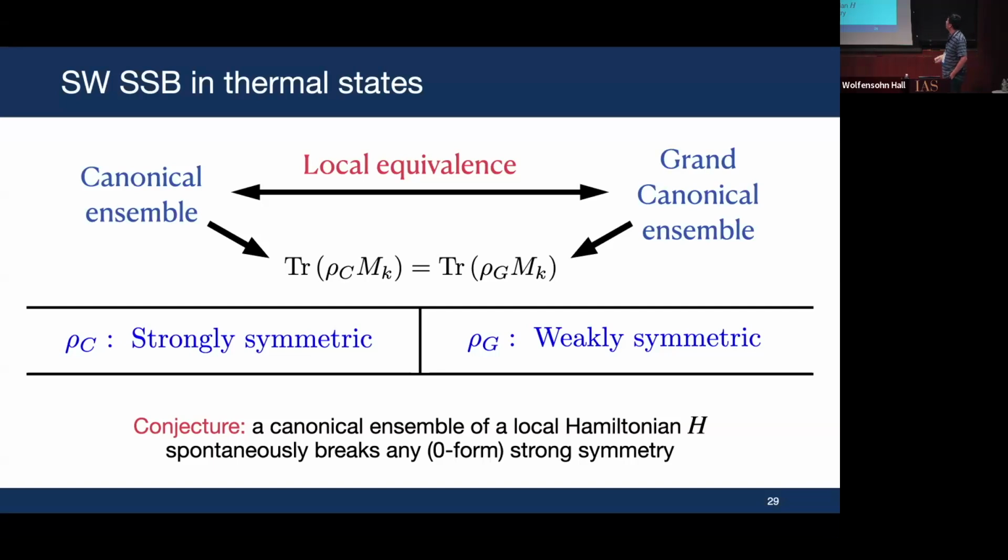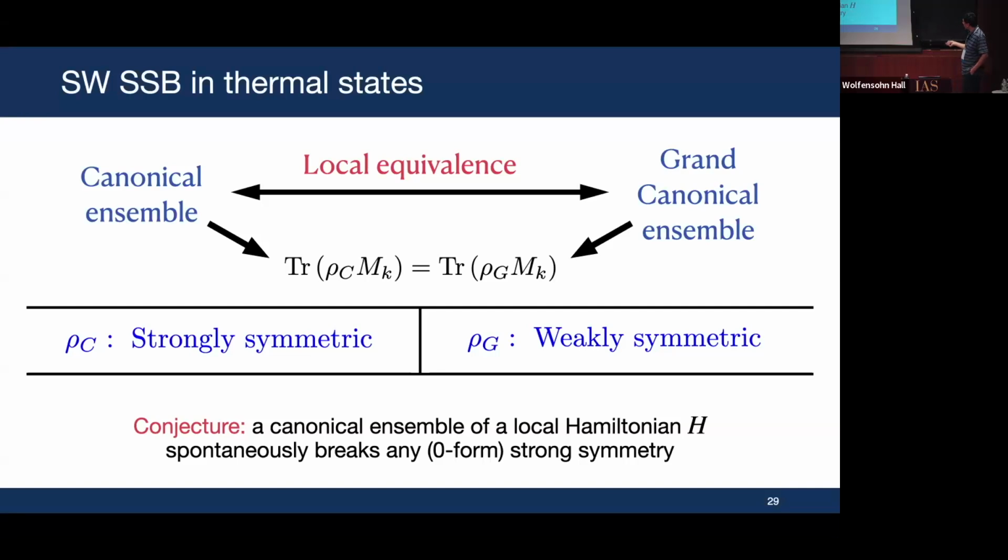So that statement leads to a conjecture that a canonical ensemble of a local Hamiltonian H, canonical meaning you preserve the global symmetry strongly, actually has to spontaneously break the strong symmetry.